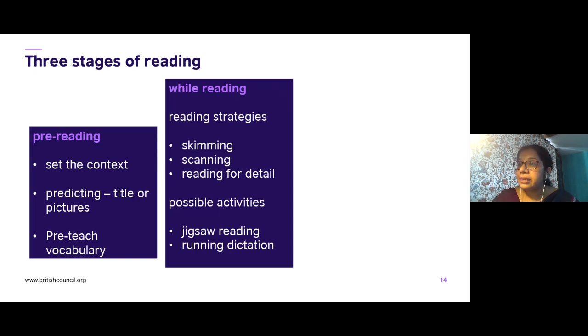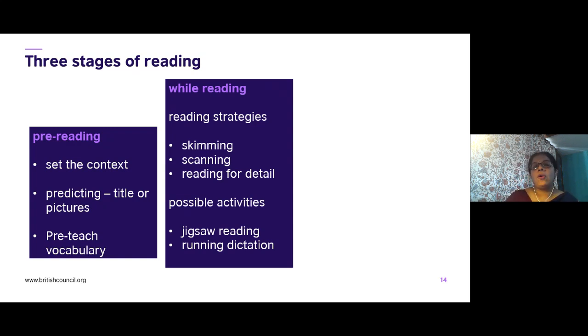We also sometimes scan the text to find some information that we are looking for, perhaps an answer to a question that's asked in the end. Or we read for detail, perhaps for further discussion of the text itself. Now, how can these be made more communicative? I have put down some suggestions that can be used.